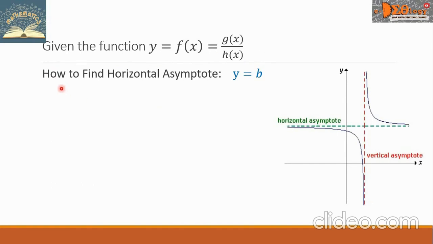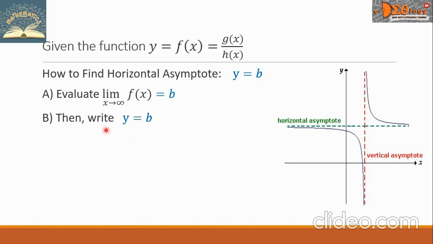Now let us show how to find the horizontal asymptote, and our equation is y equals b. For our first step, we will evaluate the limit of the function as x approaches infinity, and this must be equal to a value that is b.